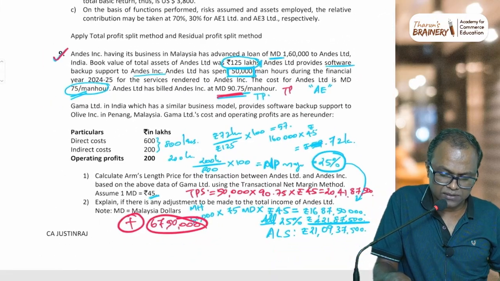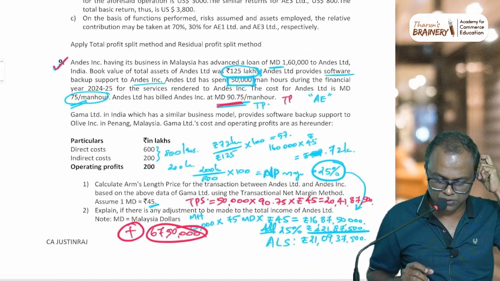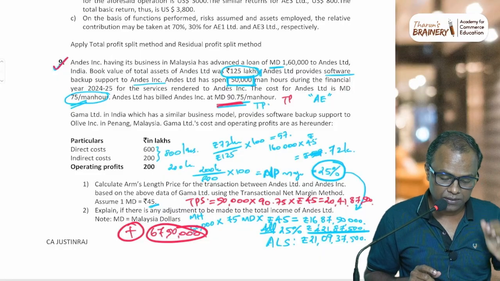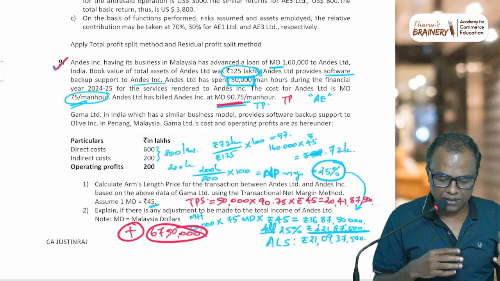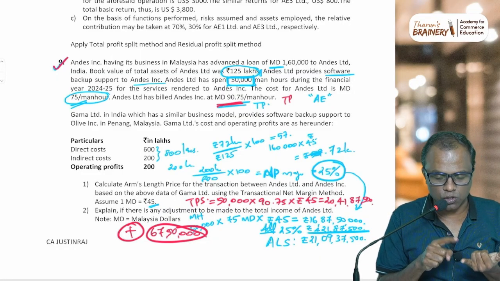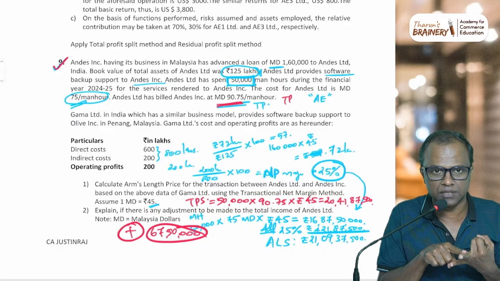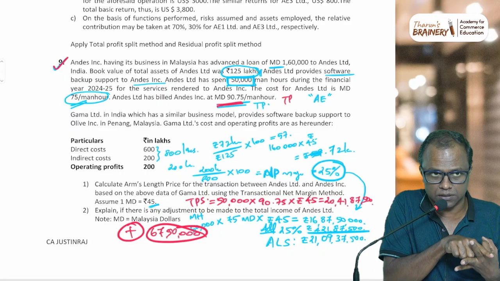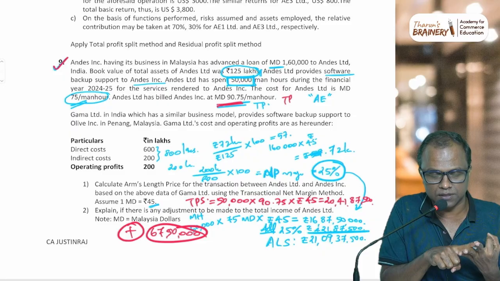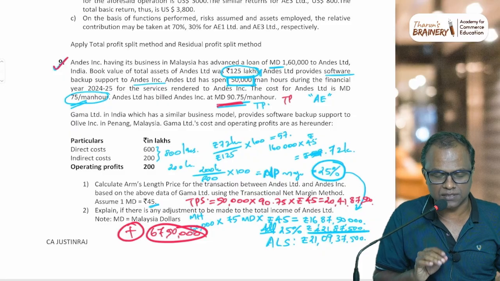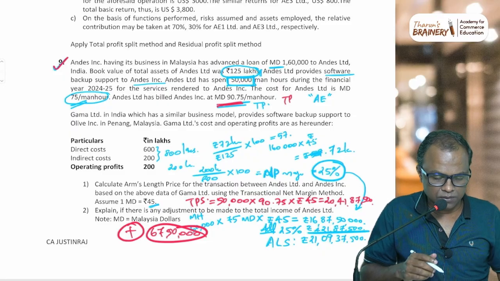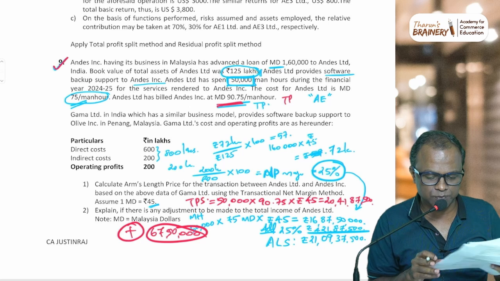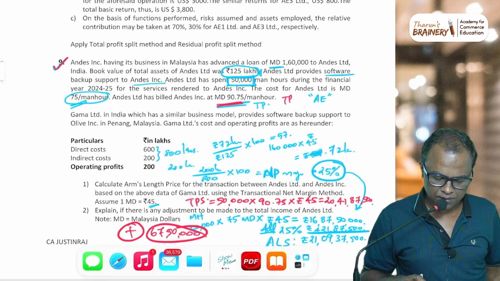In the last 3 years, 2 times they asked questions from this TNM method. So the latest trend is either cost plus method, TNM method, or CUP method, the first method, comparable uncontrolled price method. Other 2 methods never asked. Next is the profit split method, that is the last method.